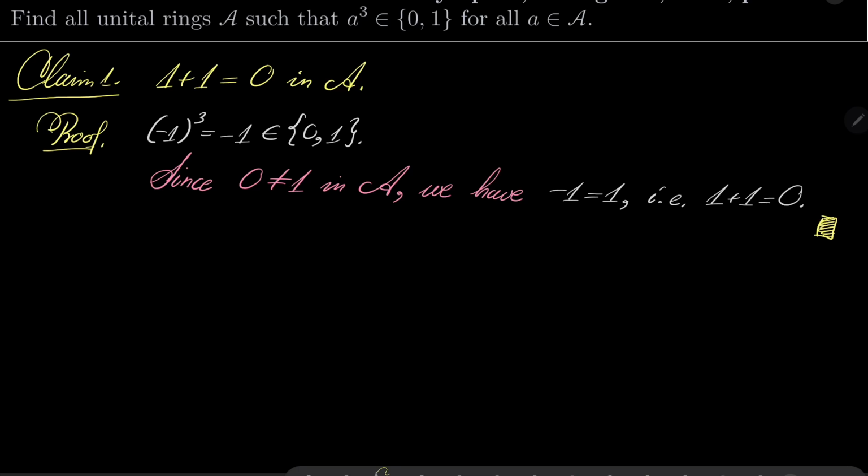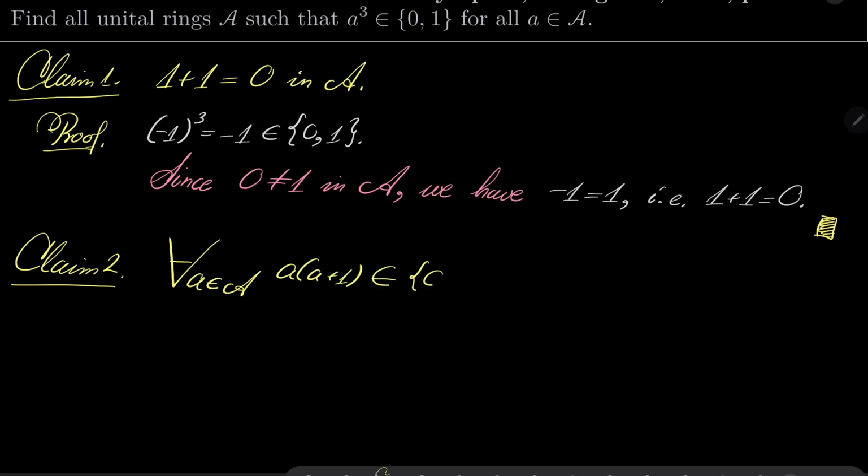My second claim is that for every element a of our ring, a times a plus 1 is either 0 or 1. Let's prove it.